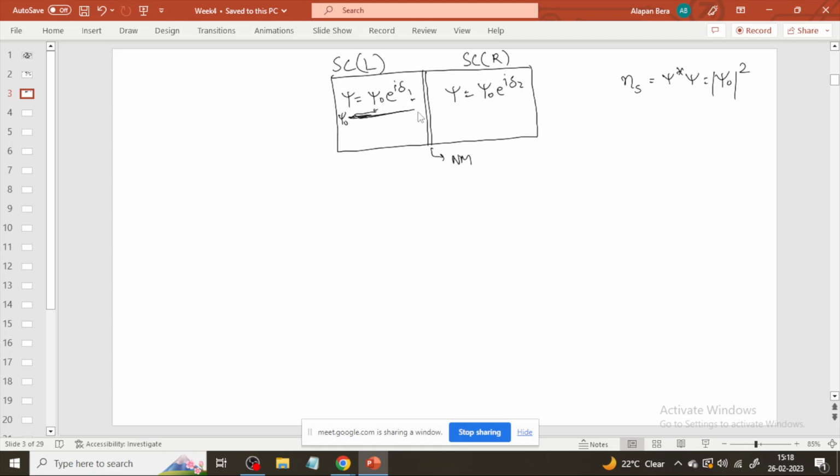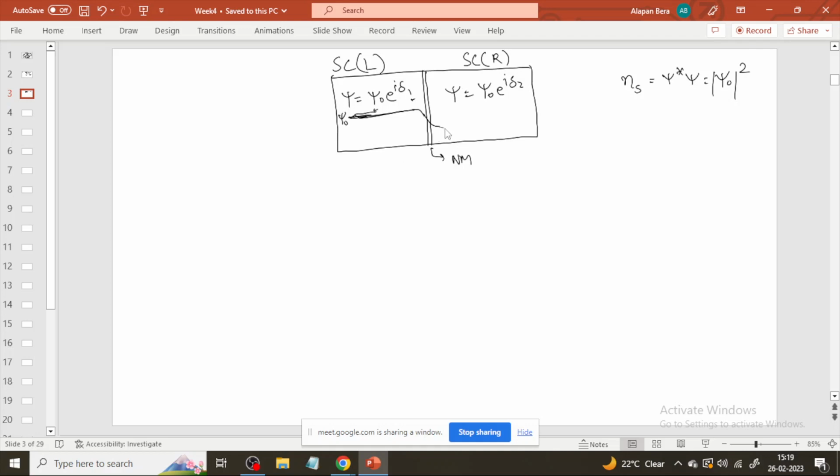But as soon as it approaches this normal metal region, it starts to decay because it's not a superconducting region anymore. So the density of Cooper pairs decreases in this region. But still, some part of this wave function tunnels through this normal metal region and enters the right superconducting region.